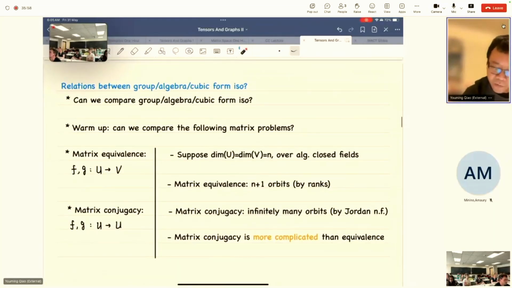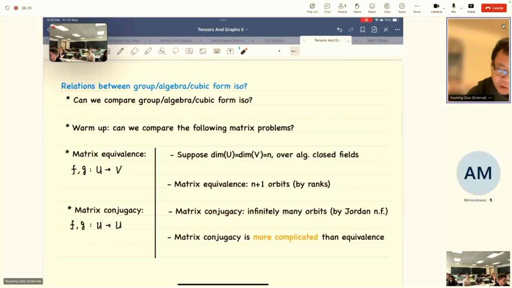So now we want to understand, let's compare maybe group iso, algebra iso, and cubic form iso. Okay? And as a warm-up, you know that these are the tensor settings, so it's essentially a continuation or generalization of the matrix setting. So as a warm-up, let's think about, can we compare the following matrix problem?